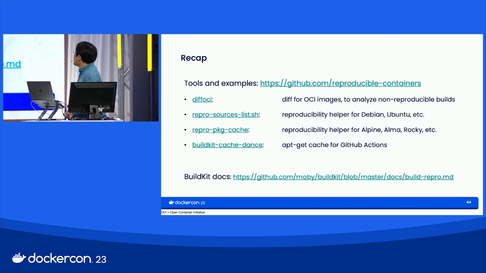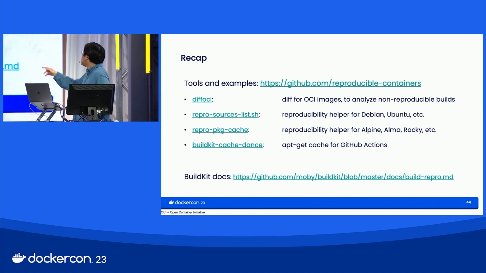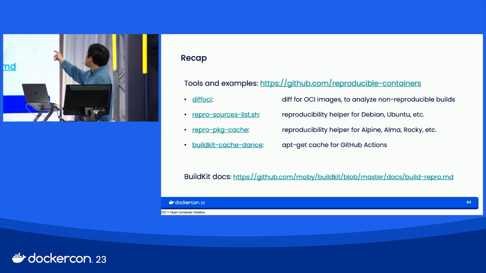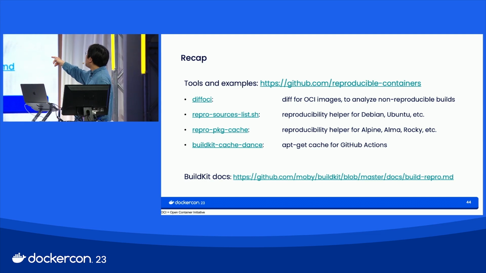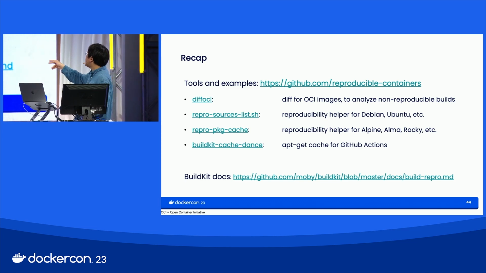And I have tools and examples on github.com/reproducible-containers. So diffoci is a diff tool for OCI images to analyze non-reproducible builds. And repro-sources-list.sh is a helper script to reproduce Debian and Ubuntu-based images.